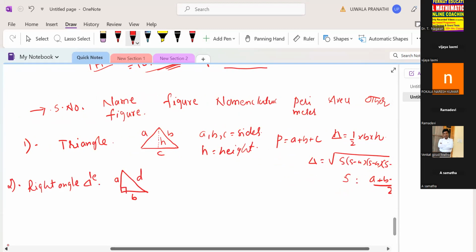Now in nomenclature, here A, B sides are called legs of the right angle triangle. Here D is called hypotenuse.